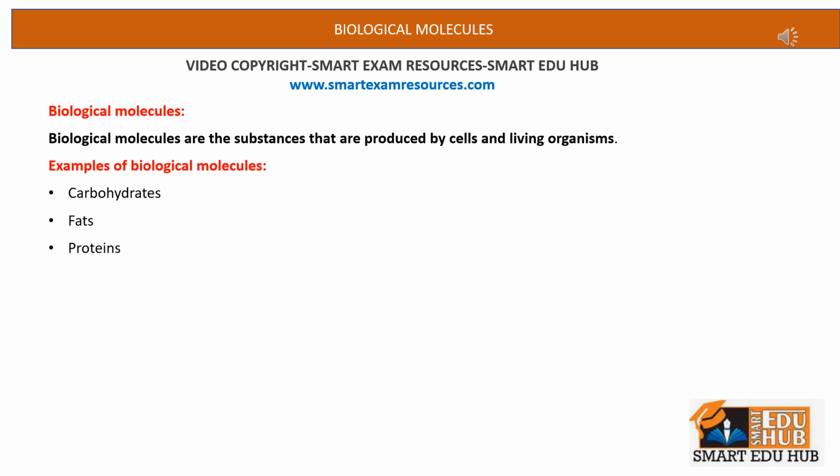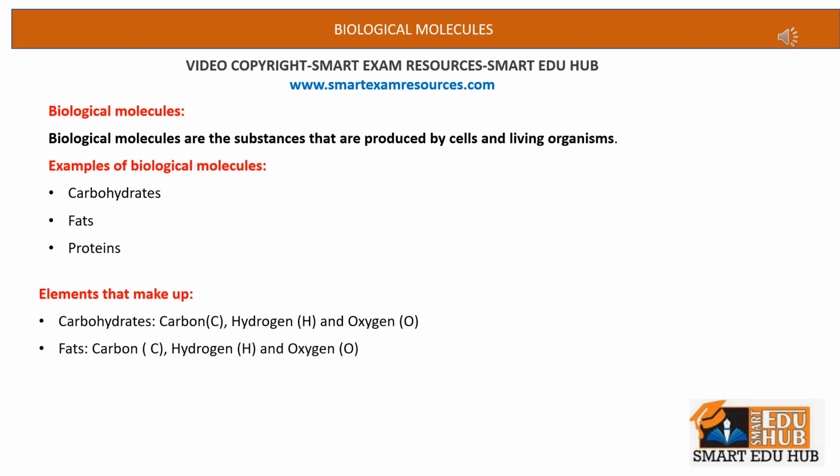So, what are the carbohydrates, fats and proteins made of? Well, the carbohydrates are made of the three elements carbon, hydrogen and oxygen. The fats are also made from the same three elements that make up the carbohydrates, namely carbon, hydrogen and oxygen.